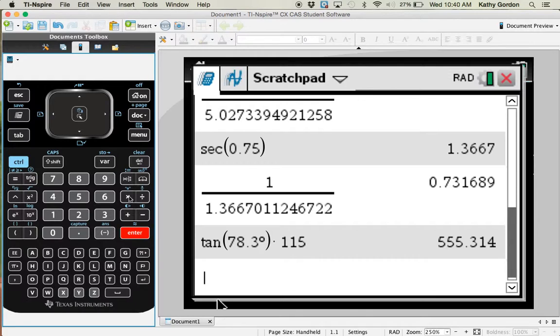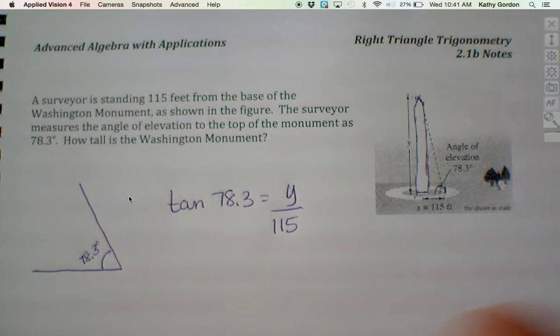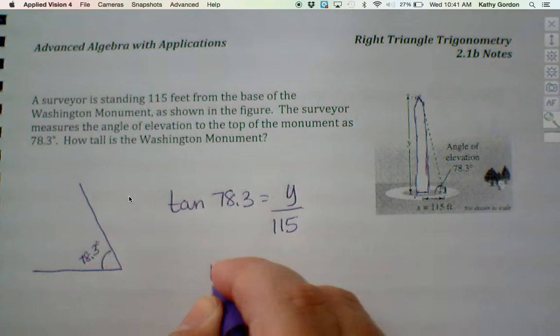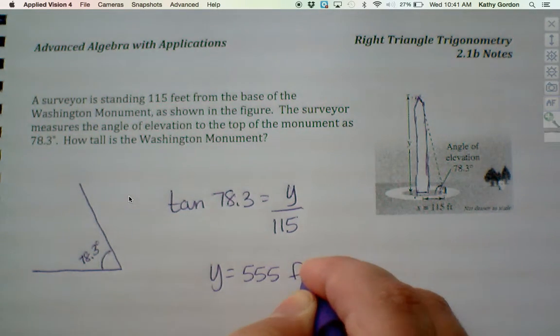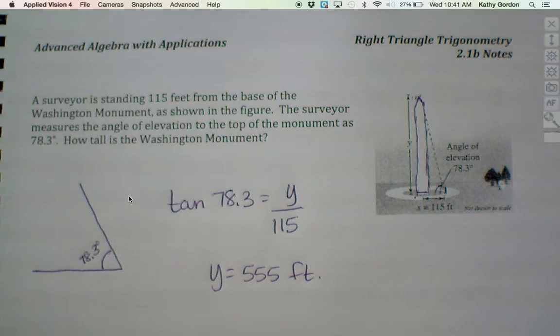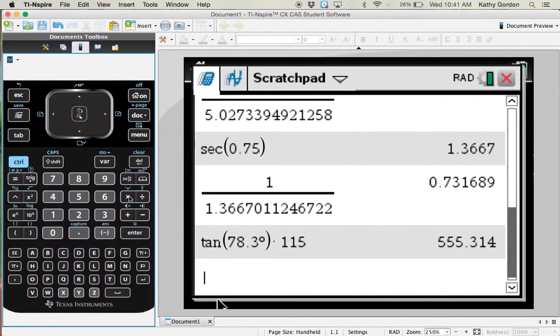What do you think? To the nearest foot. Does that seem reasonable? Okay, so what is the nearest foot? 555. Could I have rounded to 555.3?